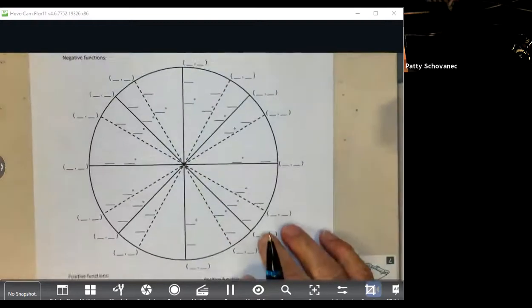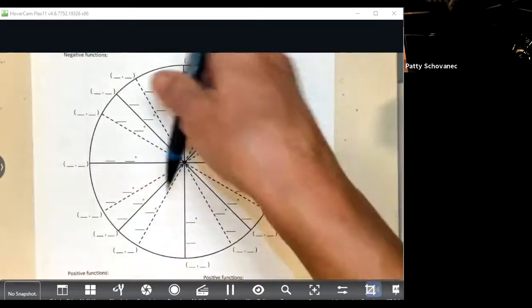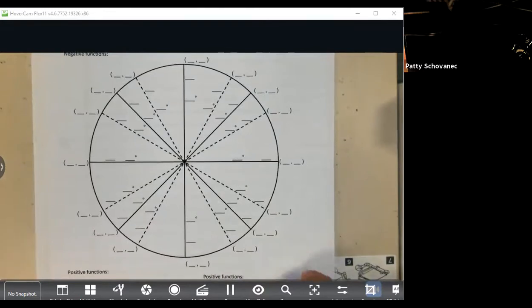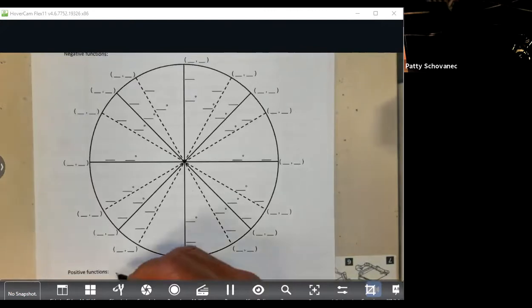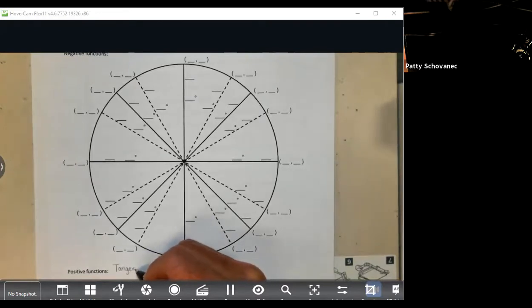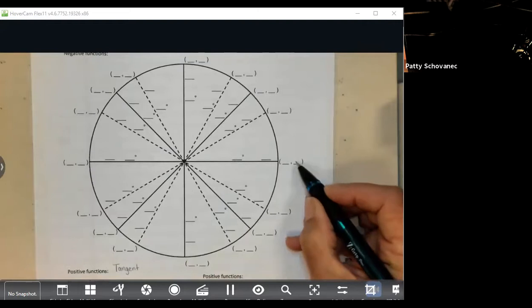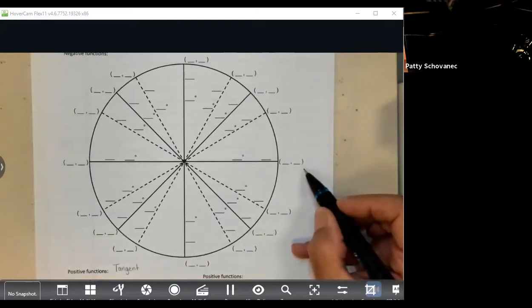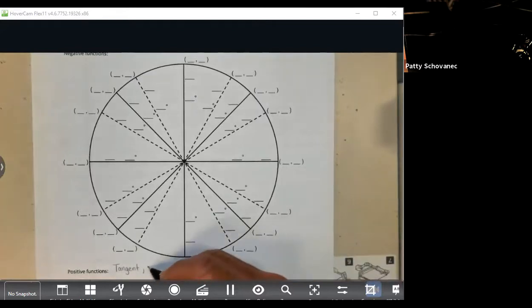Okay, in quadrant 3, both x and y are negative. So the only functions that can be positive are the ones that are the ratio of the two negative numbers. Which are those? Tangent and cotangent. Tangent is the y value divided by the x value, and cotangent is the other way, x value divided by the y value.